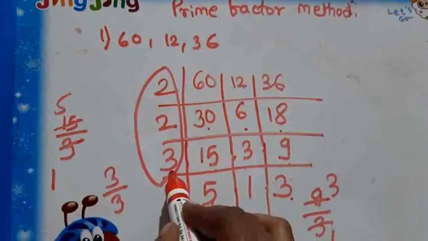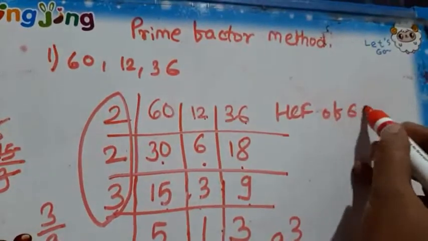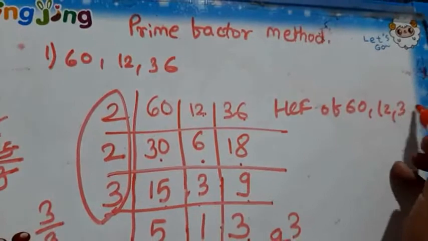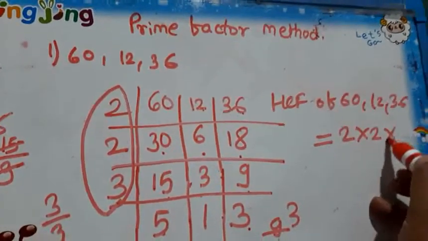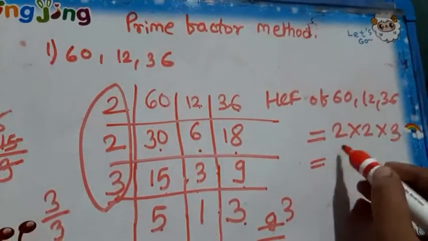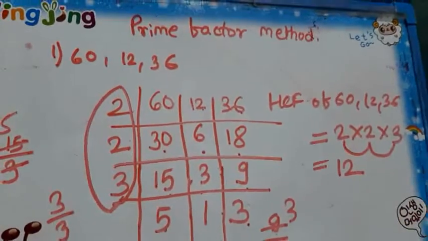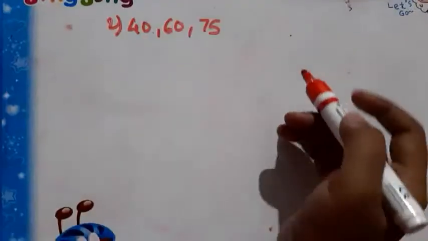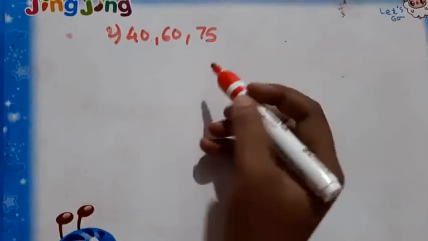Only these. So HCF of 60, 12 and 36 is equal to 2 into 2 into 3. 2 twos are 4, 4 threes are 12. So HCF is 12.